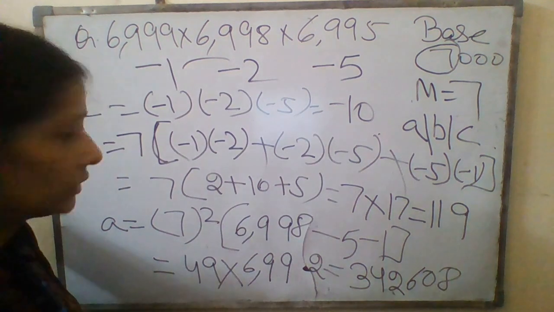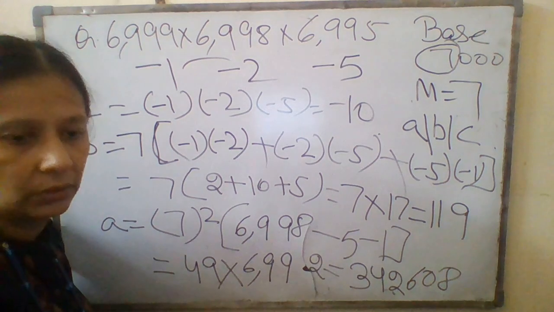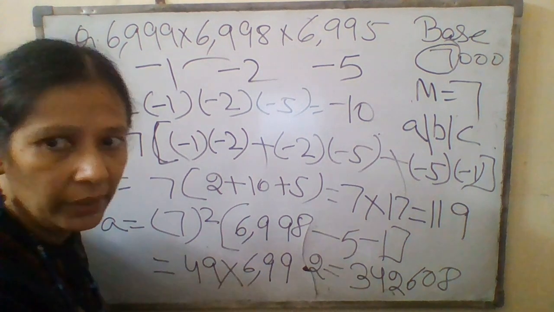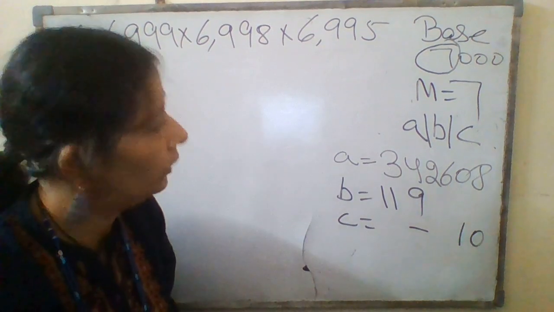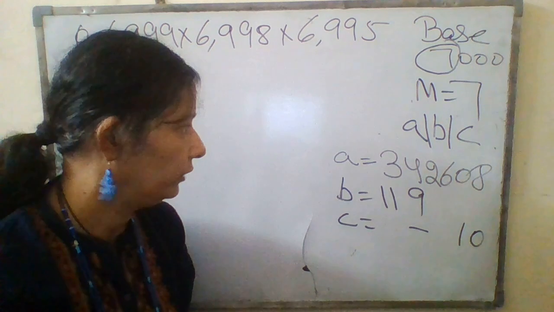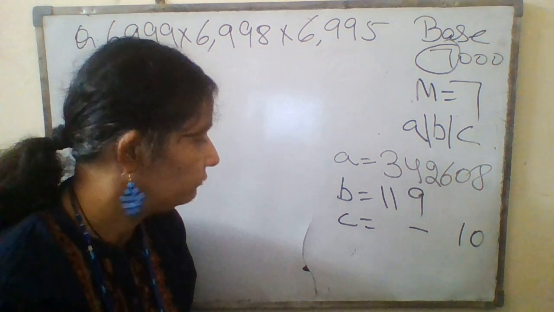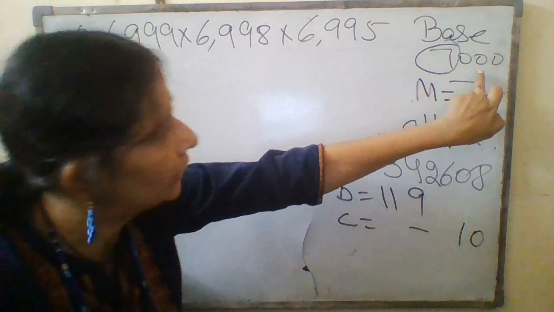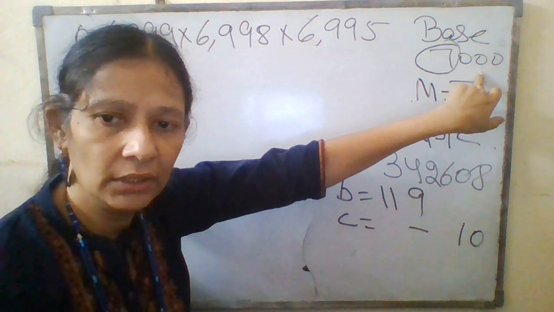Okay, now you see how fast you can do this question. And now I have to just put the values of a, b and c. Now you look here again. You know that you have to ignore this a and you have to take care of b and c part. In base you can see here 3 zeros are here.